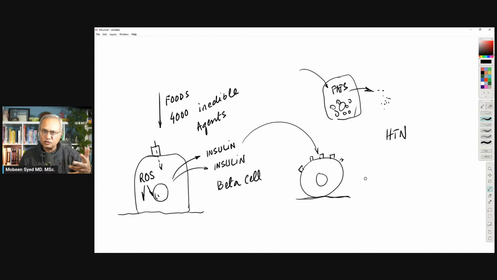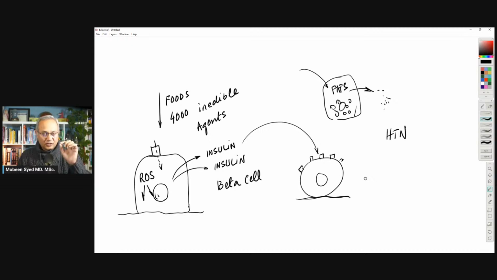The sodium chloride, the salt that we eat, the sodium we throw out from the kidney, and the water goes out with sodium. When we retain sodium, when we keep it back in our body, then water stays with that as well. That would cause our fluid volume in our body to expand. So that is one problem.